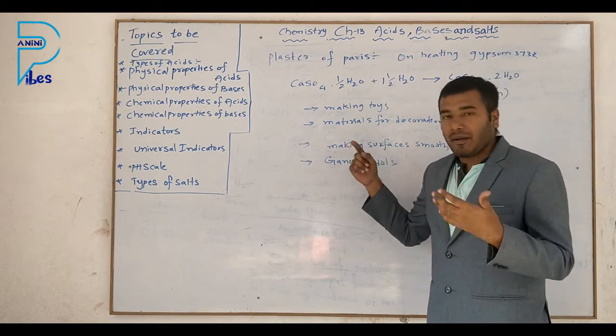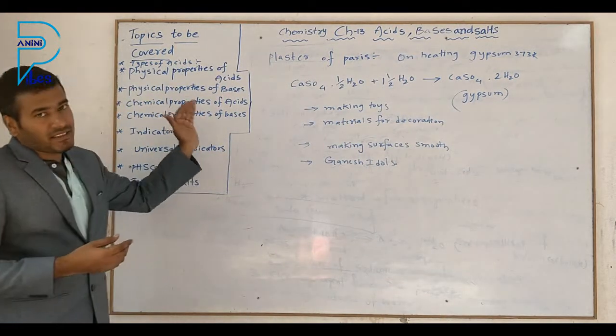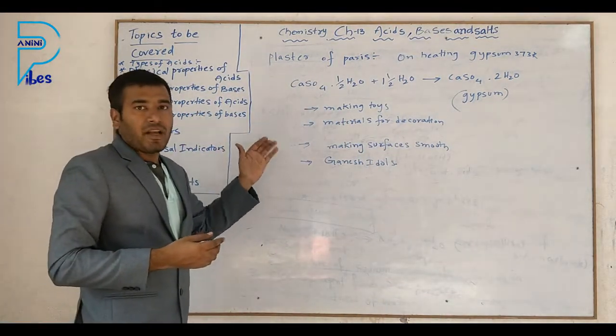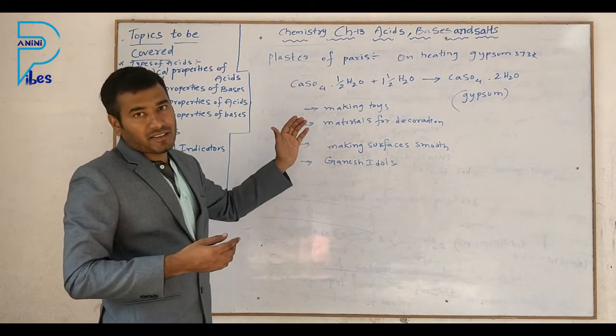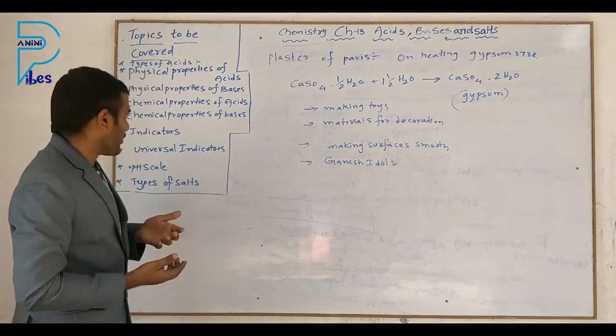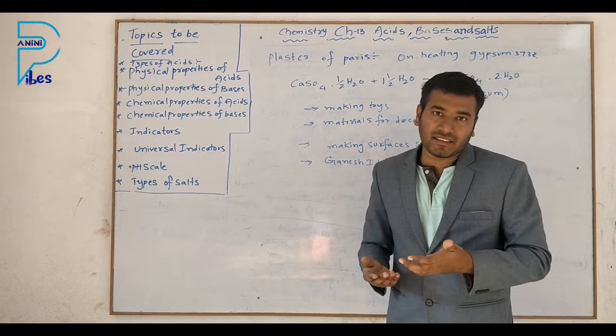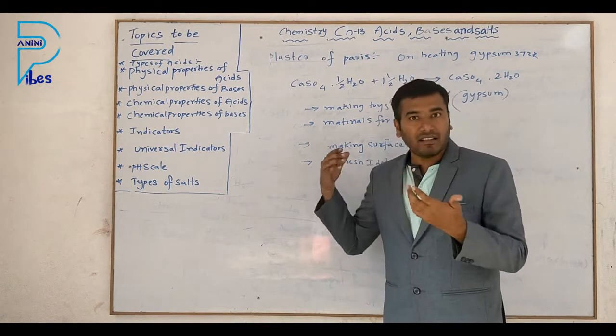Chemical properties of acids and bases: reaction of acids with bases, acid reaction with metals, metal oxides, metal carbonates, metal hydrogen carbonates. These are all we observed in acids and bases reactions. Next, coming to indicators: synthetic indicators, olfactory indicators, natural indicators, and these are completed.